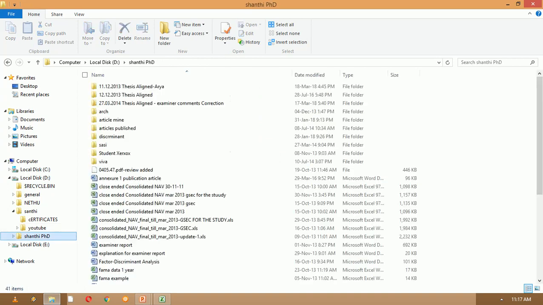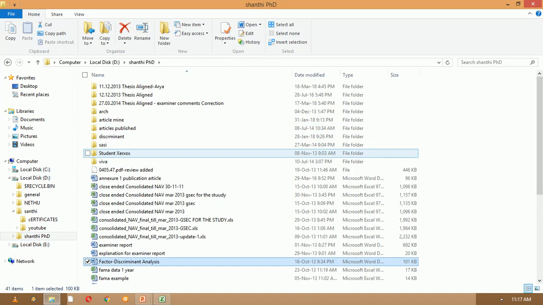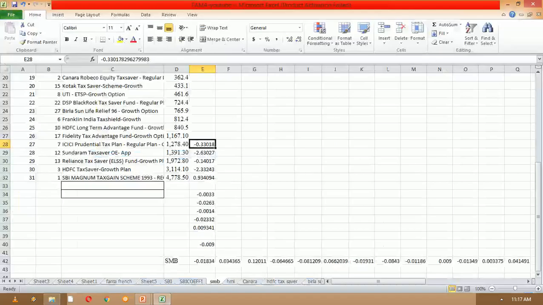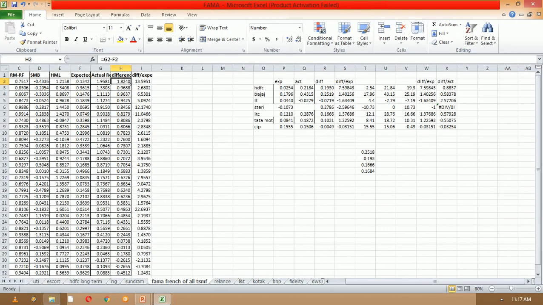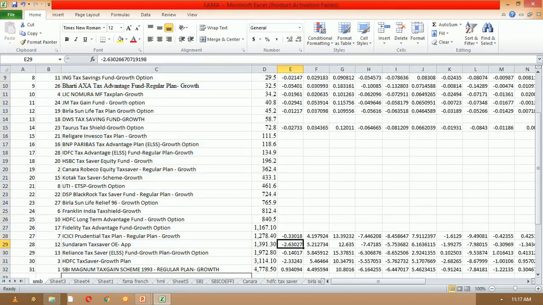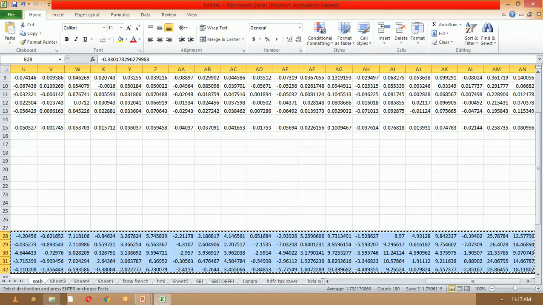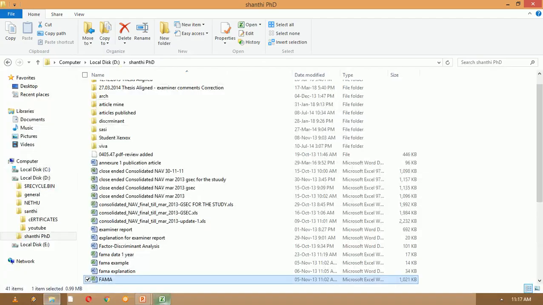See, there is already a return, copy, and we'll paste it in this file.